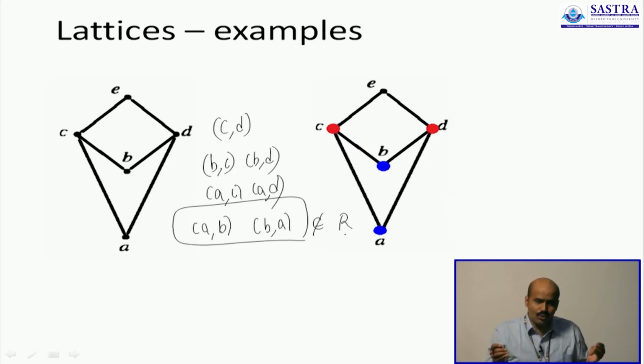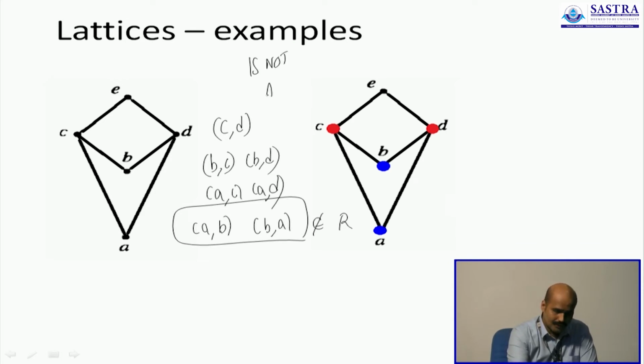So even though C and D have a common lower bound in both B and A, none of them are good enough to be called the greatest lower bound. They have an upper bound, they have the least upper bound, that's fine. But remember that a lattice is observed only when every pair of elements in a poset has both the GLB and the LUB. That's not observed here, so this is also not a lattice.